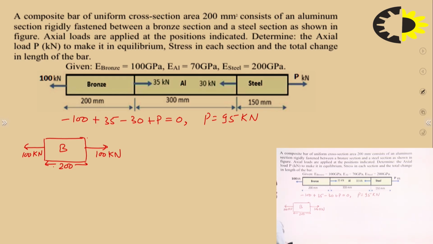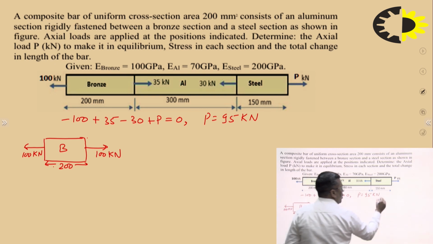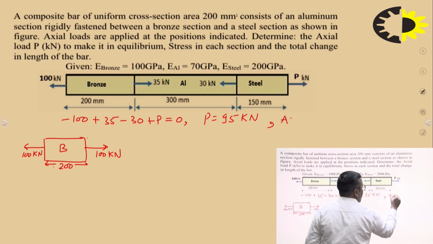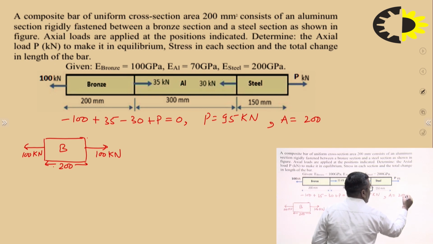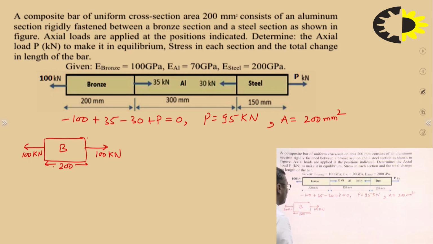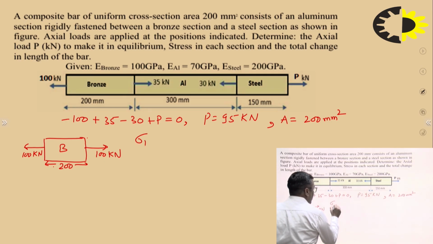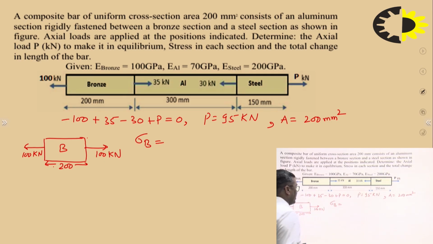Yes, stress we can find out because what is given over here? The area of cross section for the entire bar. It is 200 mm square. So finding out the stress in bronze, what is the load?